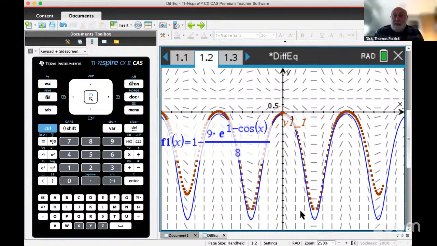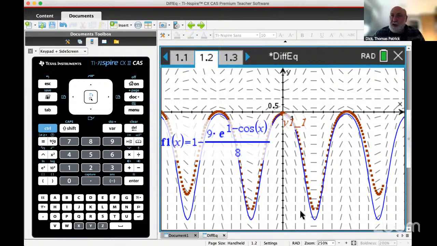So also you can really see how the numerical technique, as you get away from that initial condition point, the error does increase a bit. Exactly. This is a great example of that. Very neat. Okay, great suggestion.